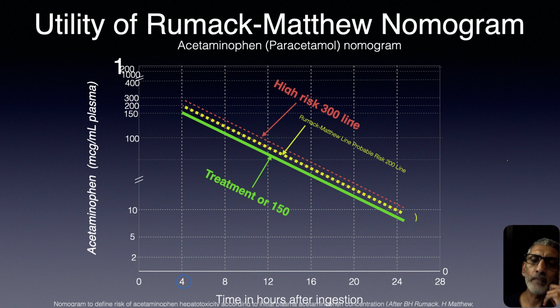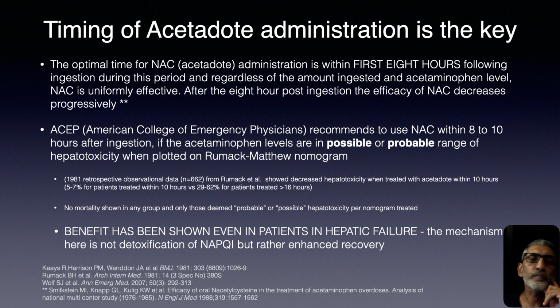Also, its reliability decreases for extended release formulations of the Tylenol. If the patient has ingested some opioid-containing product or anticholinergic drug, then the reliability of the Rumack-Matthew nomogram decreases.